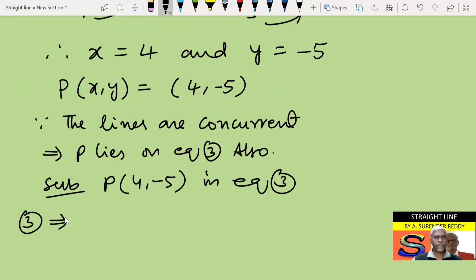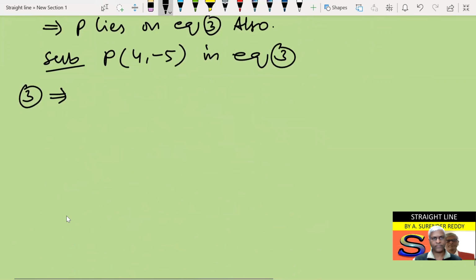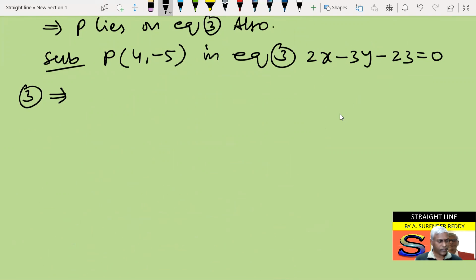What is the third equation? 2x minus 3y minus 23.